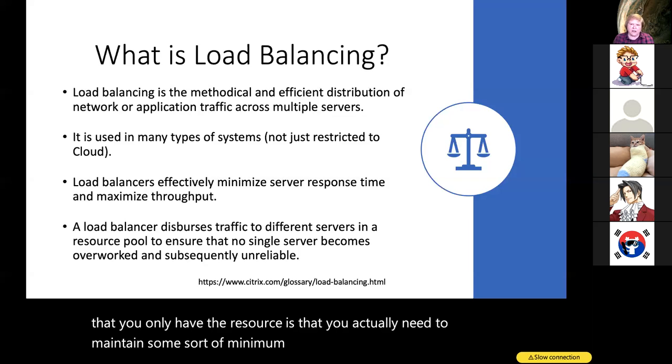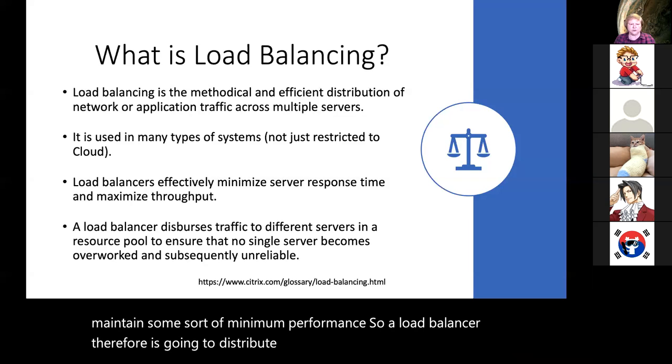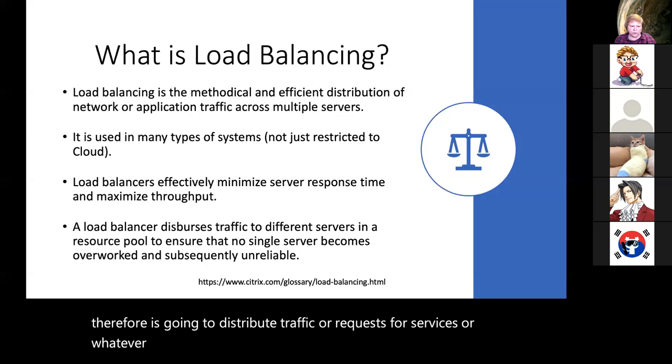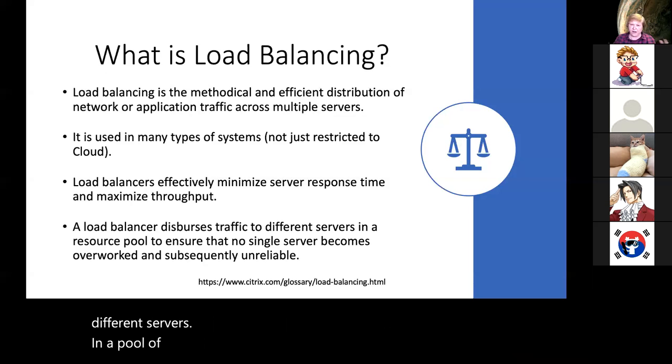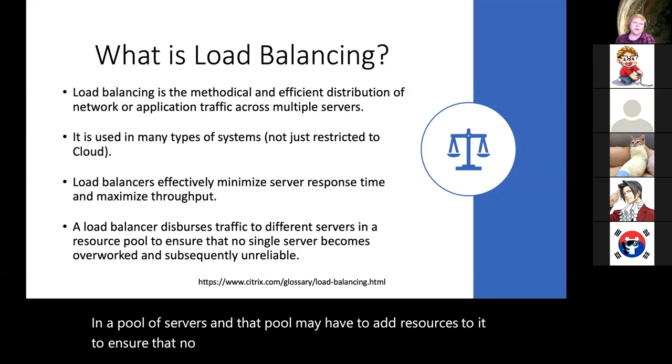So a load balancer, therefore, is going to distribute traffic or requests for services or whatever to different servers in a pool of servers, and that pool may have to add resources to it to ensure that no single server becomes overworked.